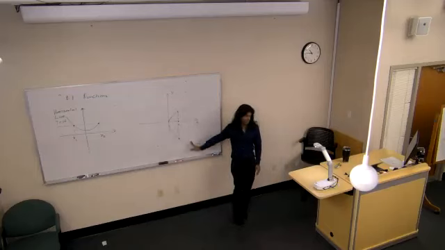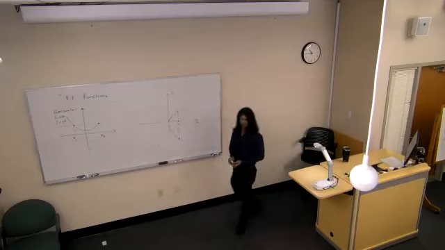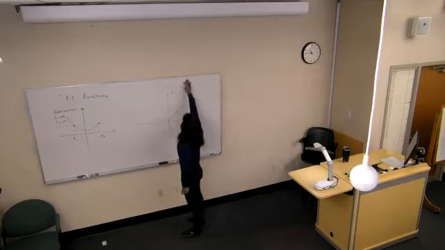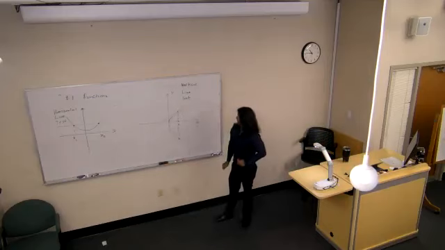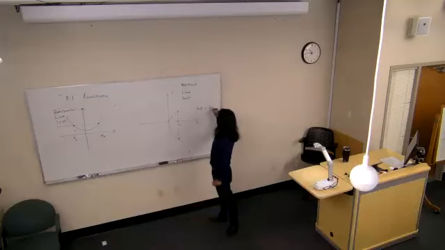That is not a function. What type of line did I use? Vertical line. Naturally, this is the vertical line test. We don't abort mission if something's not a function.